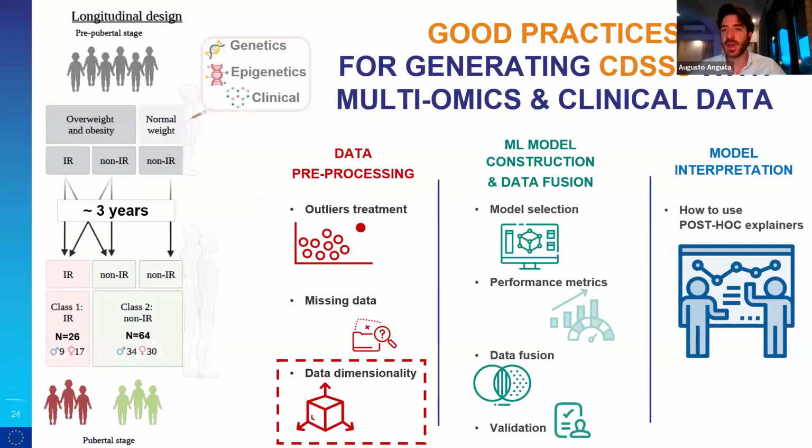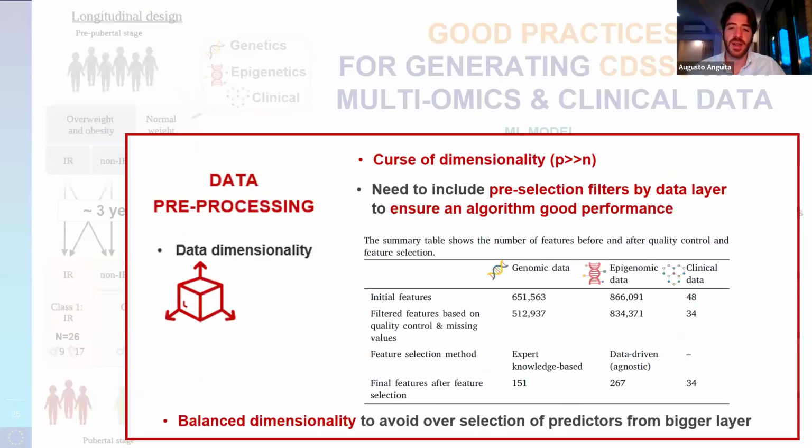About data dimensionality, as we have seen during all the talks of this workshop, we are starting with data layers with close to 1 million markers, for example epigenome data or genomic data. After imputation, it can be more than 1 million.